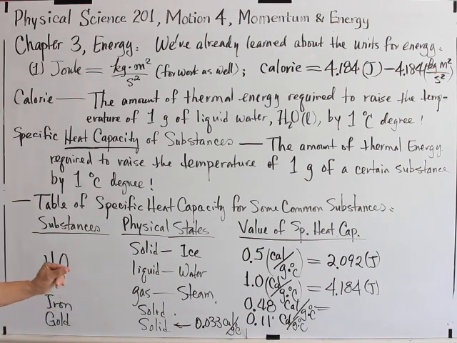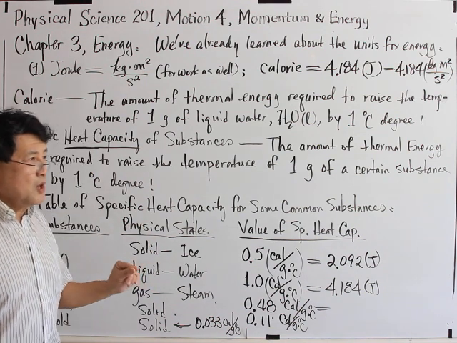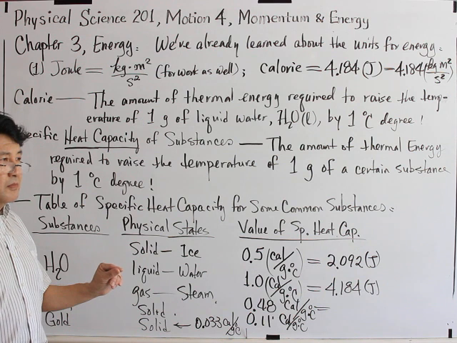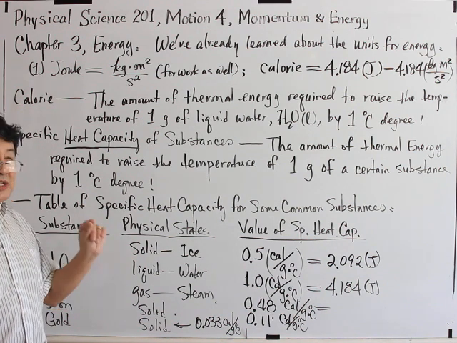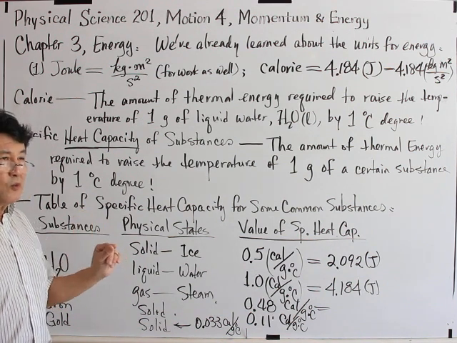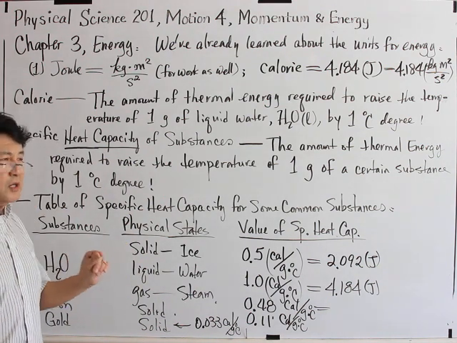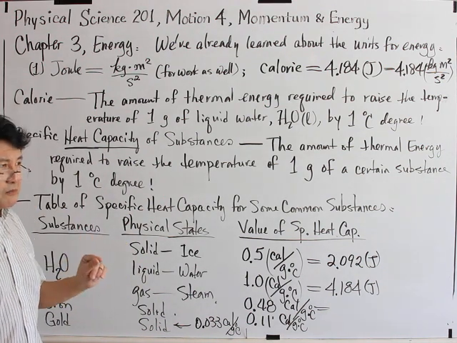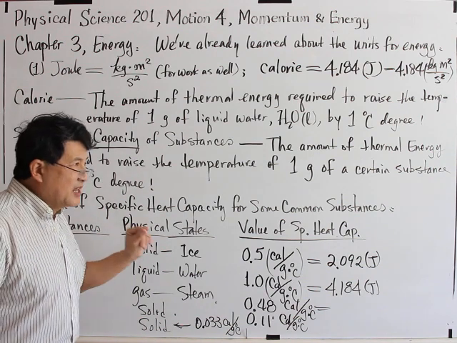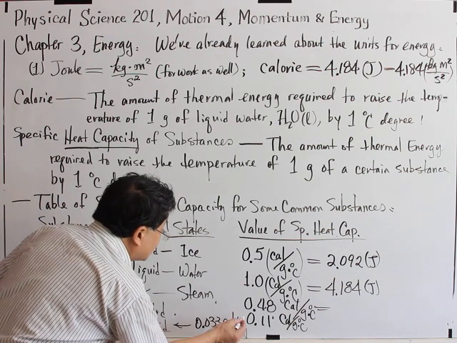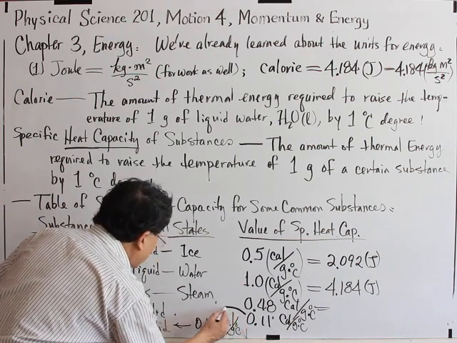So liquid water is able to take in 1 calorie for 1 gram of water, and only raise the temperature of that 1 gram of water by 1 Celsius degree. But if we apply the same amount of heat to iron, the iron value is right here, 0.11.